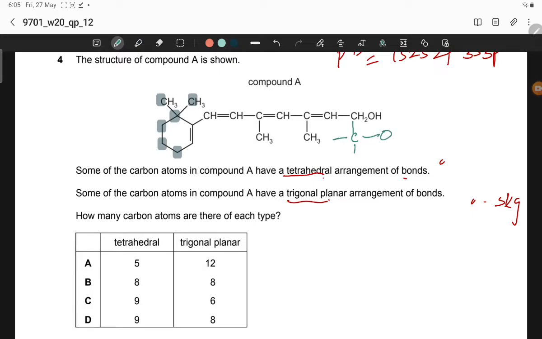H2O and O. Yes, this is also tetrahedral.